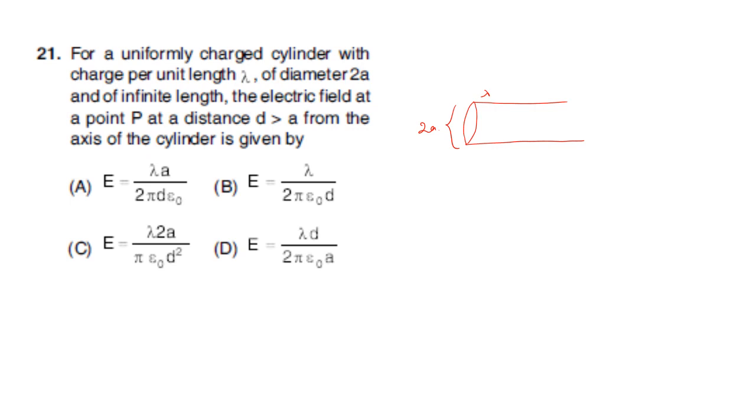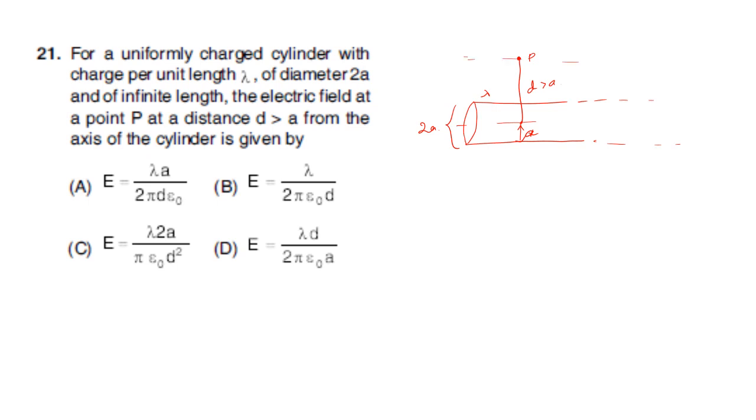That means from the axis the radius will be a. Given that it is of infinite length. Now we have to find the electric field at a point P, that is at a distance d, which is always greater than a from the axis of the cylinder.